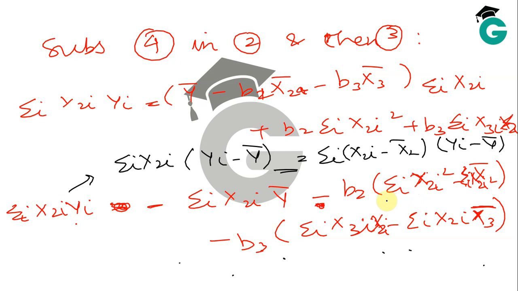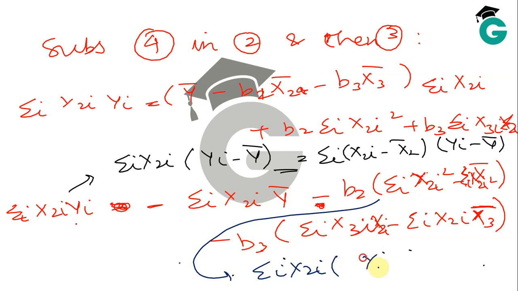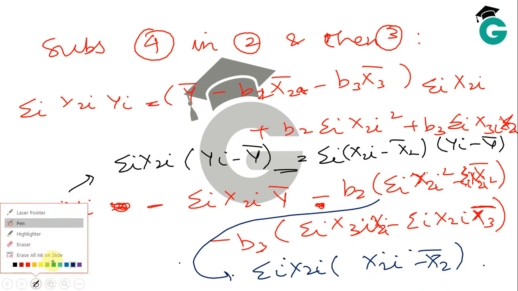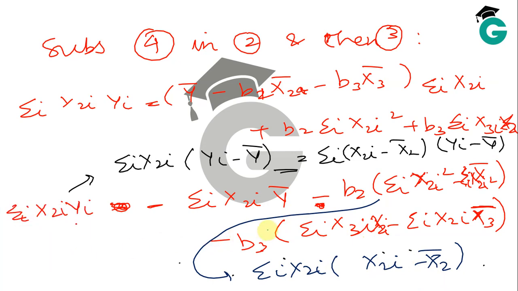Similarly, here also I can write this term as follows: summation i x2i common, (x2i minus x2 bar), which can equivalently be written as summation i (x2i minus x2 bar) into (x2i minus x2 bar). Similarly here, this term can be written as summation i x2i, x2i common, and it will be (x3i minus x3 bar).